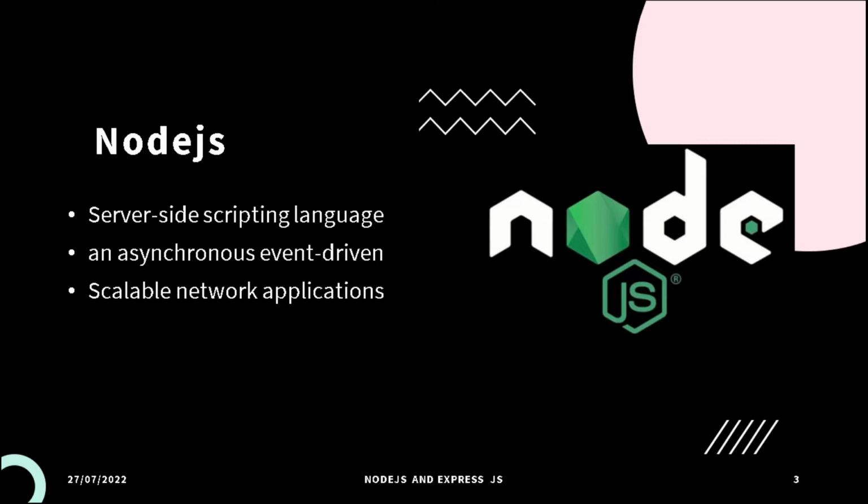Talking about Node.js, it is a server-side scripting language. That means it's a backend which gets the API request from the front end and communicates with the database to fetch the data and send it to the front end. It is an asynchronous event-driven JavaScript runtime.